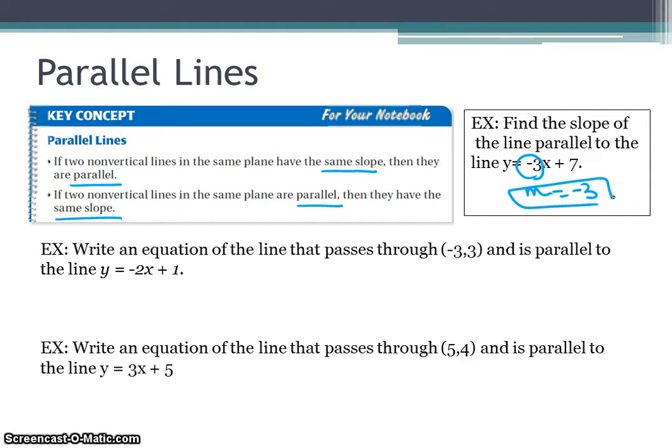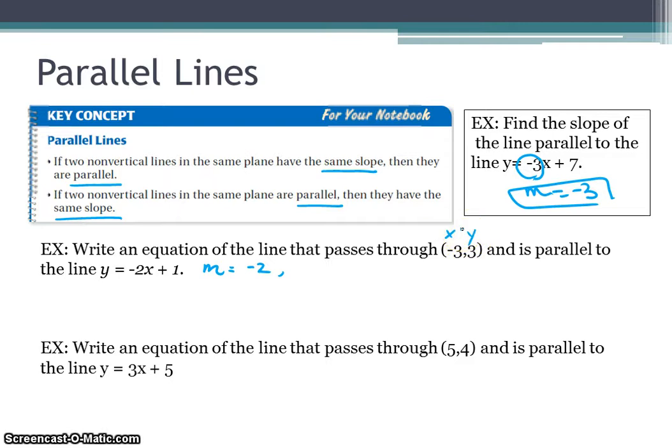So they tell us to write the equation of the line that passes through negative 3, 3 and is parallel to the line y equals negative 2x plus 1. Because it's parallel, the slope of my new line will be m equals negative 2. I'm also given the point negative 3, 3. So that's my x and there's my y.